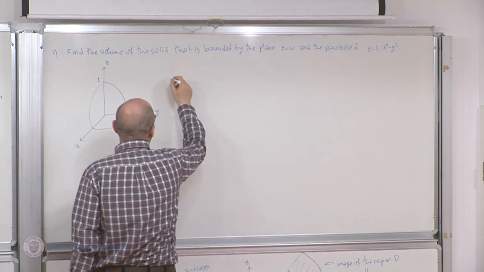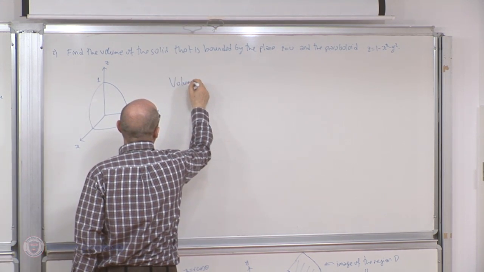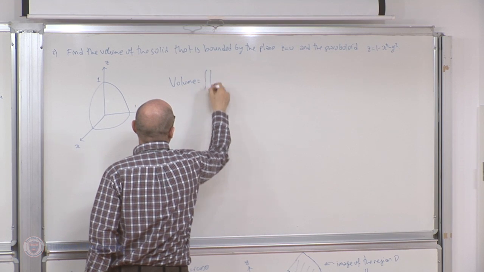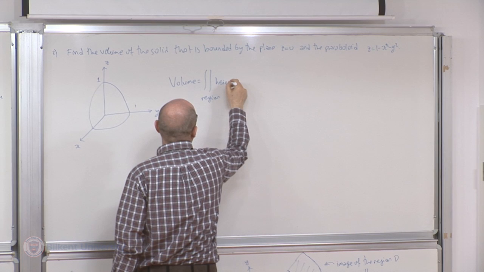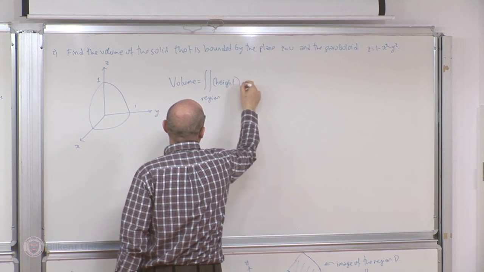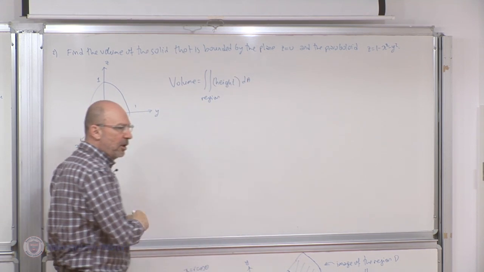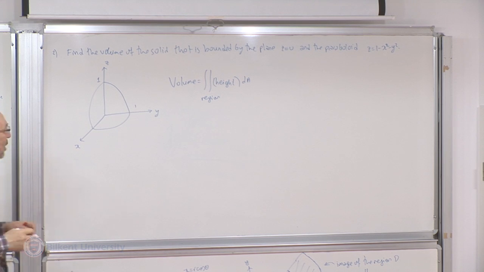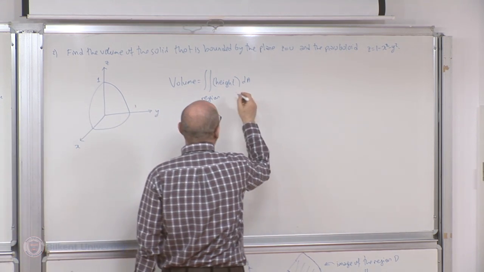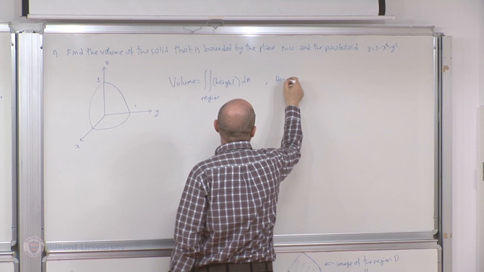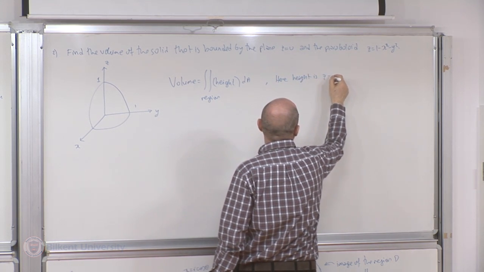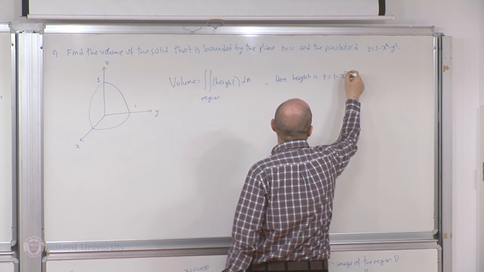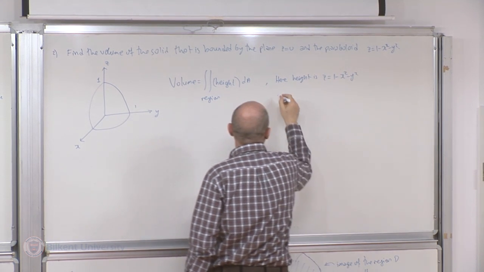Okay, so this is what you see if you look at this from the first octant. Volume is the double integral over the region times height times dA in the region. That's always the formula. Here, height is z equals 1 minus x squared minus y squared.